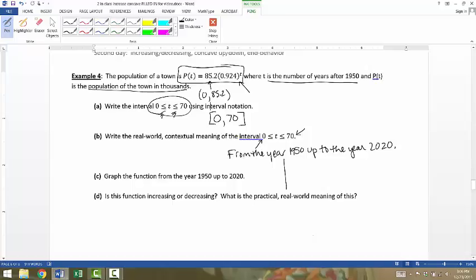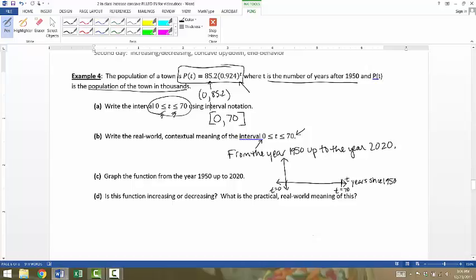Now you can do this on Excel, or you could do this with the help of a graphing calculator, or you could try to just sketch it by hand. To graph it, I'm going to graph it from t equals 0, which represents 1950, up until t equals 70, which represents the year 2020. T is along the horizontal axis representing years since 1950.